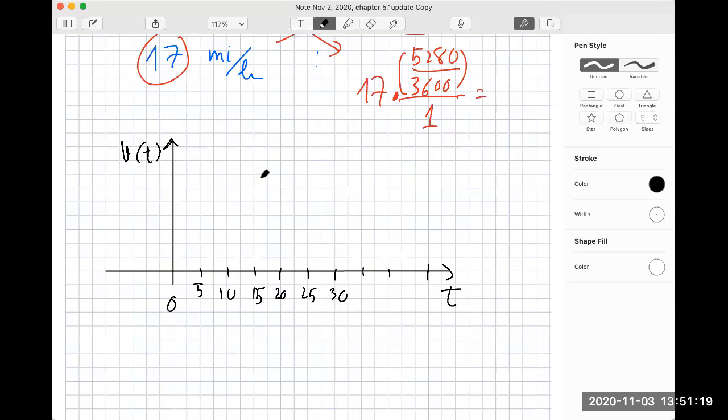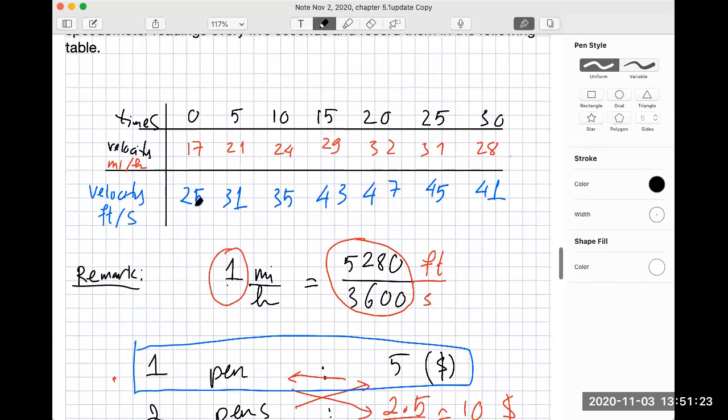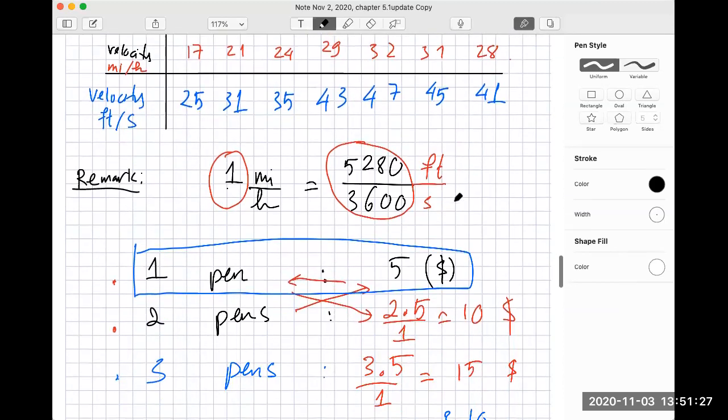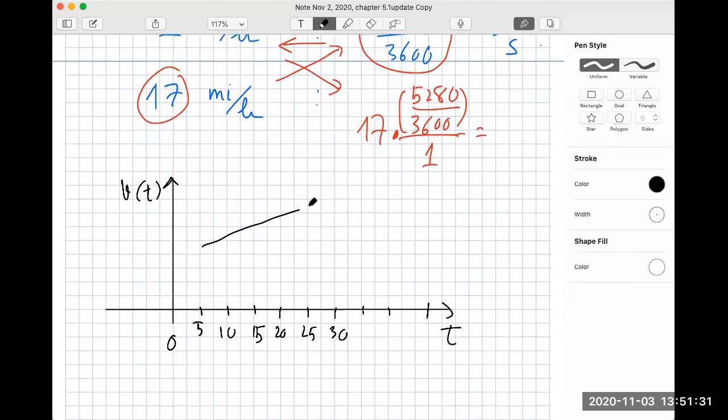Then we know the values of velocity. It is 25, 31, 35. It is increasing, right? It is somehow like this, right?